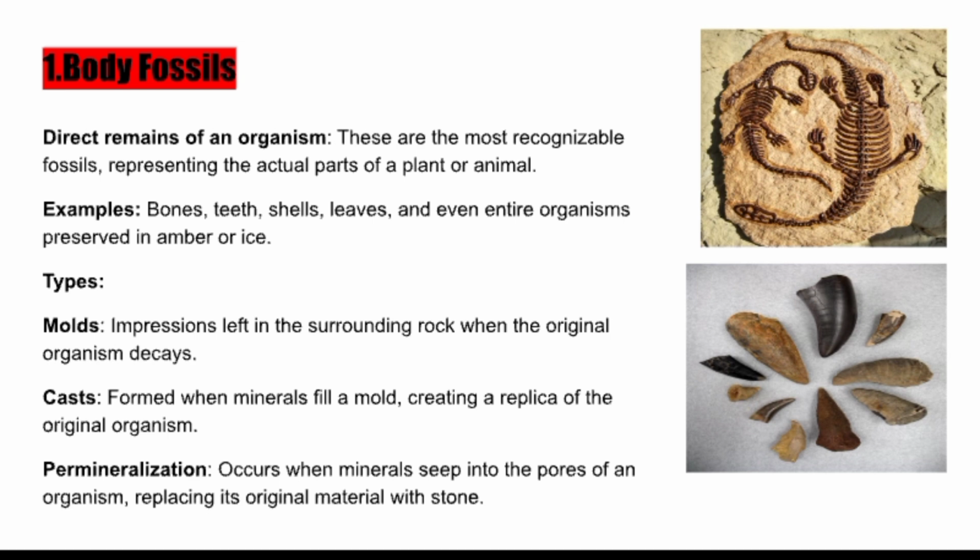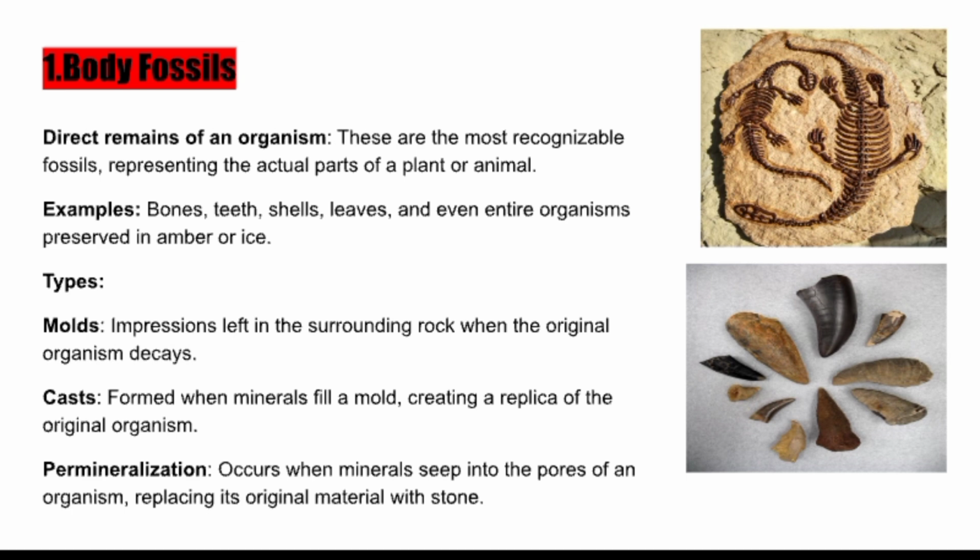So there is only the particular encapsulated shape of that body of that organism. So when this body shape or this encapsulated part is filled with minerals, then this type of fossil is called a cast body fossil.